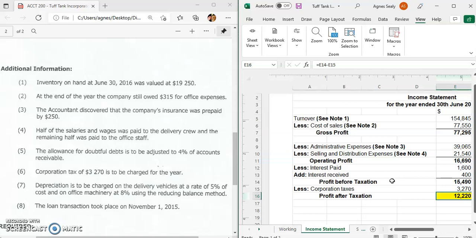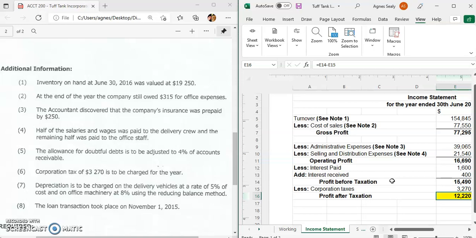Then we will continue. To the net profit after taxation, we will either add our retained earnings from the previous year if it was a profit, or if it was a loss, we will subtract it.